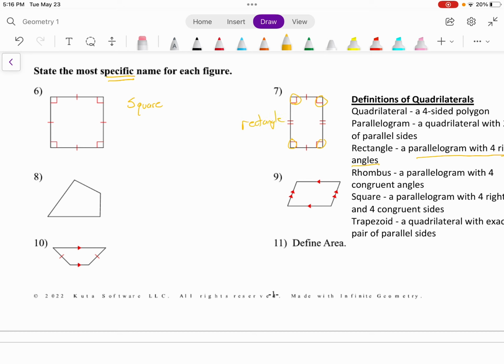Number 8 doesn't have anything special about it. It almost, and I don't have kite written over here, but it almost looks like a kite, but nothing is marked. So nothing's marked, so no sides are necessarily congruent, no angles are congruent, nothing's marked as parallel, so this is just a quadrilateral.